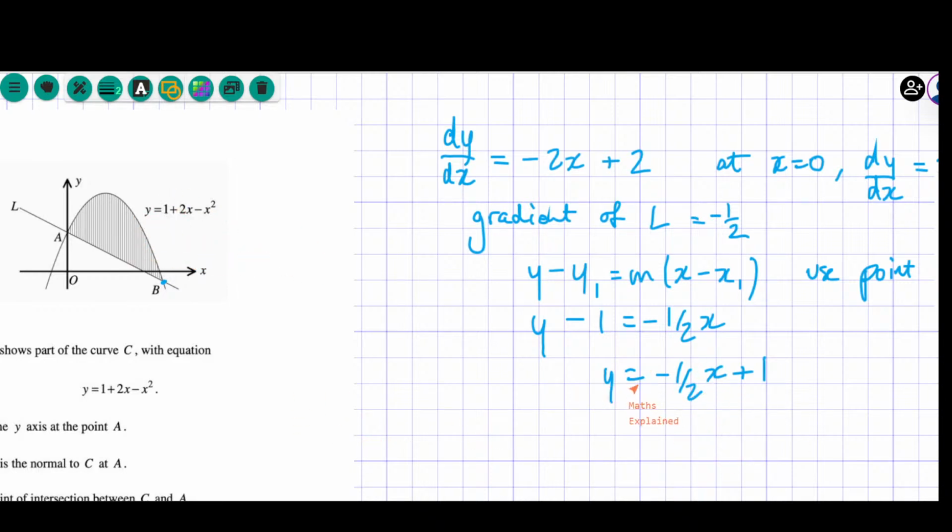So if we let y equal y, we will get, so let me write, this is finding B. We'll let negative a half x plus 1 equal all of this quadratic, 1 plus 2x take x squared.